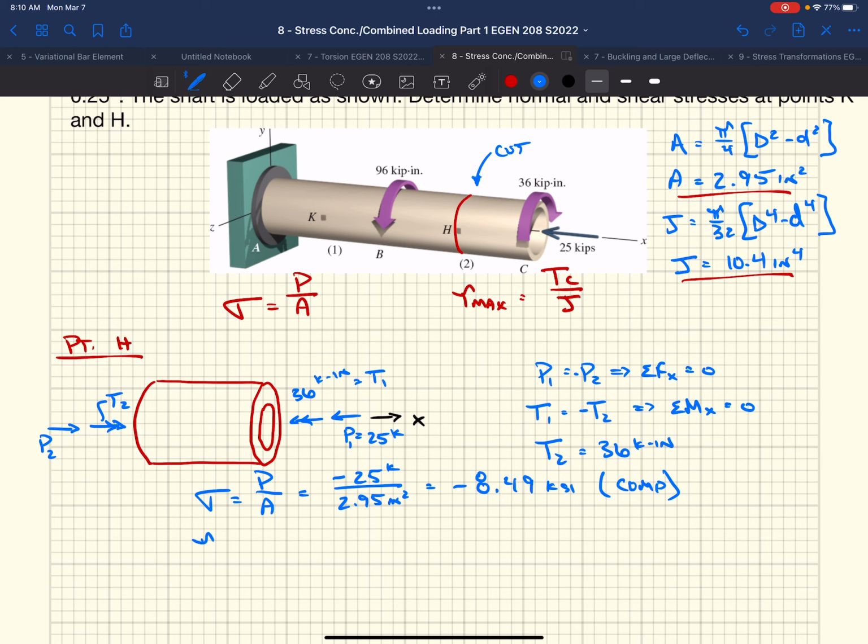Shear stress, TC over J, 36 kip-inches times 2 inches, right? That'd be 4 divided by 2, or the diameter over 2, gives us our radius, over J, which we decided was 10.4 inches to the fourth. We get 6.92 KSI.